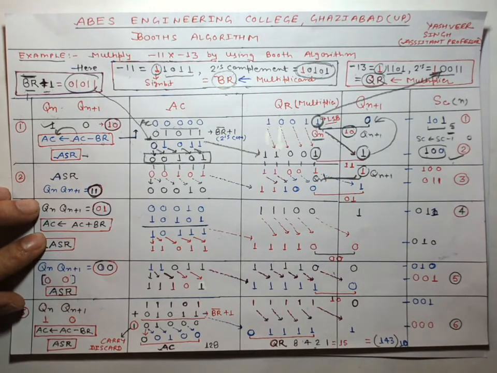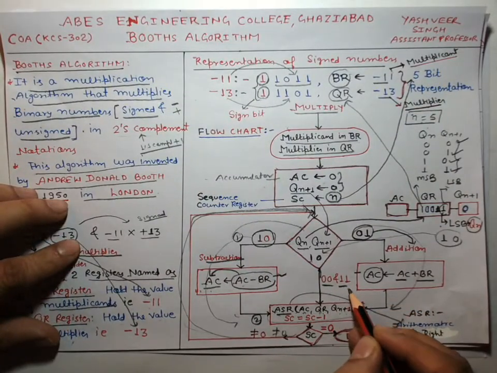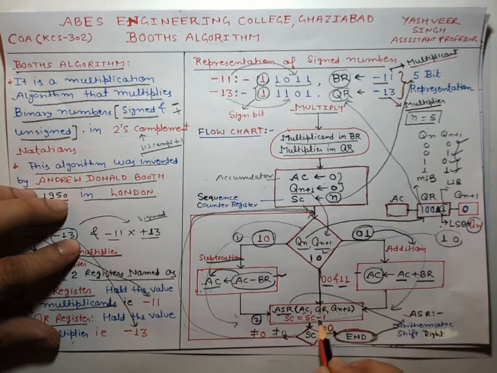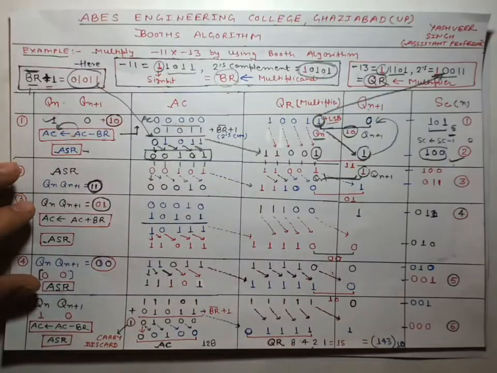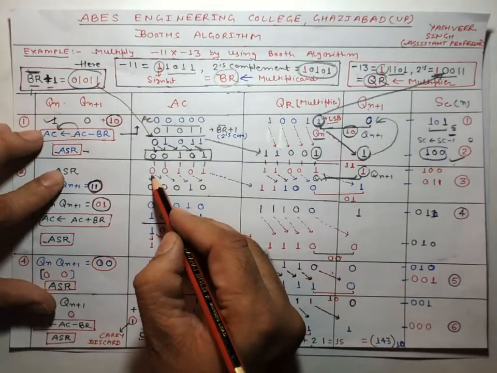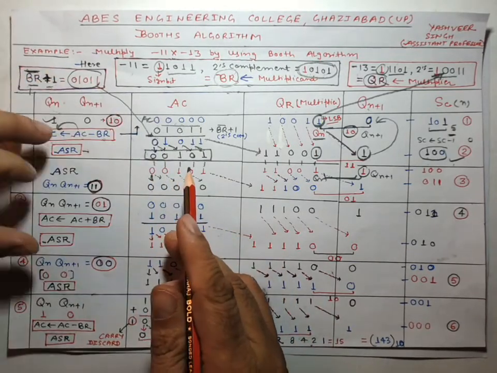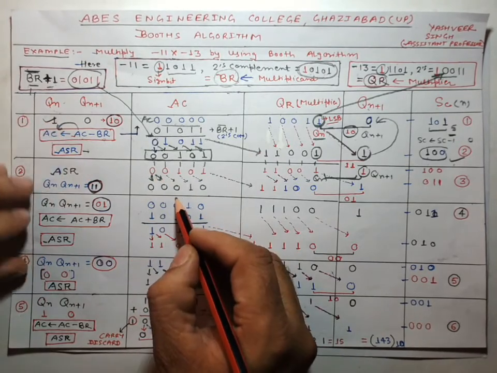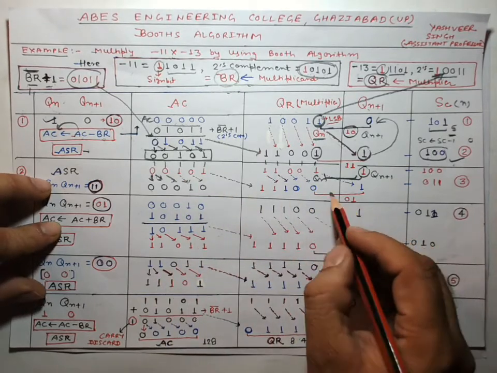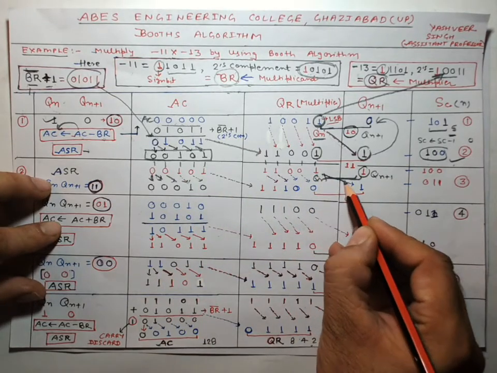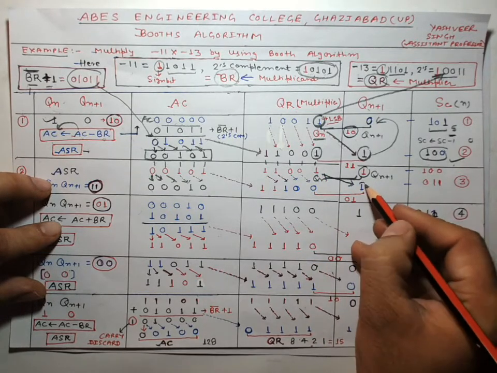I have already told from the flow chart, if we find these two conditions, 00 and 11, then we can go directly to the arithmetic shift right step. I have already explained the first step, and we will find after the arithmetic shift right it comes in this form. And this one is shifted one bit right, then this is also 1.